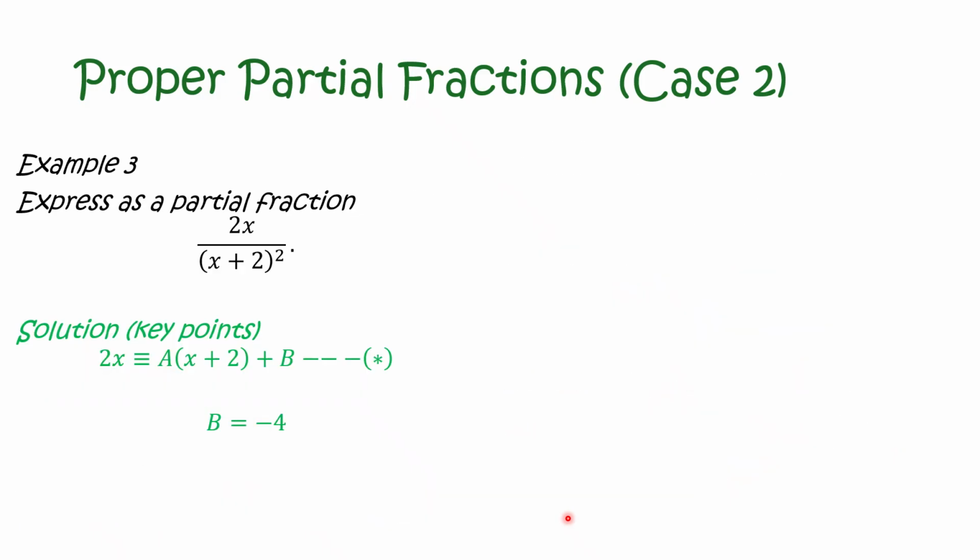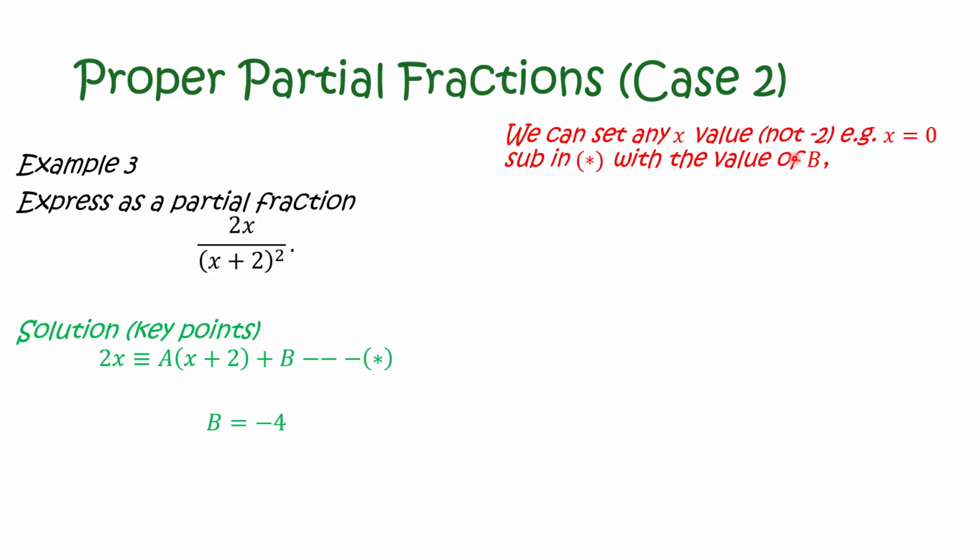Great. So we have on the left-hand side the question and the key points that we have obtained so far. We have our equation star as well as the B that we have obtained of minus 4. Moving on, we can set any arbitrary value for x which is not minus 2.